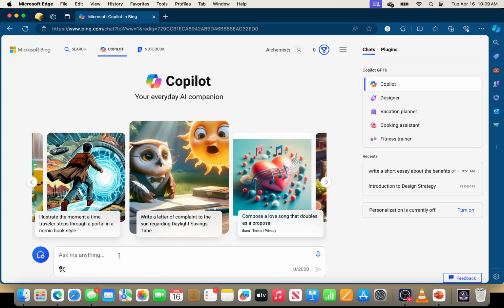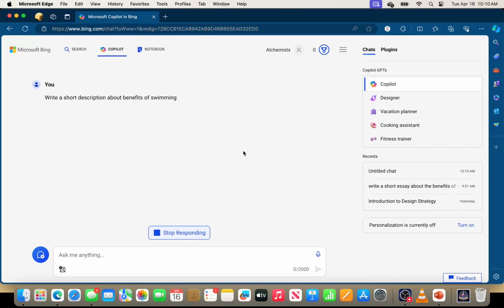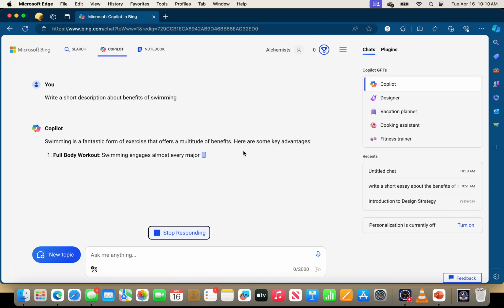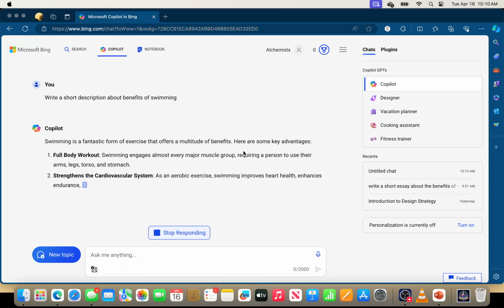Now let's ask this question: write a short description about benefits of swimming. So this is an explicit instruction you are prompting. It's coming up with a full body workout, arms, legs, strength, so many things that it is doing, right?